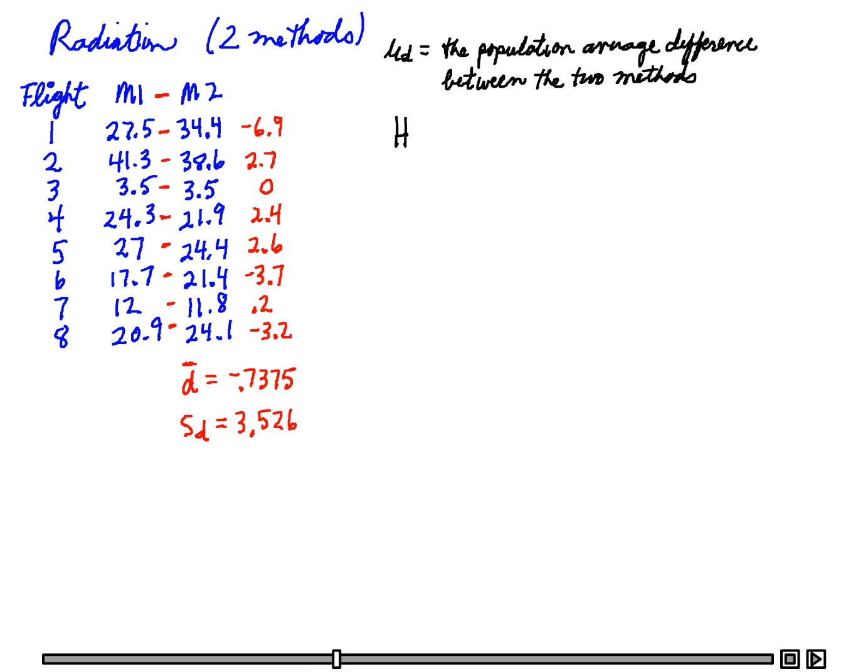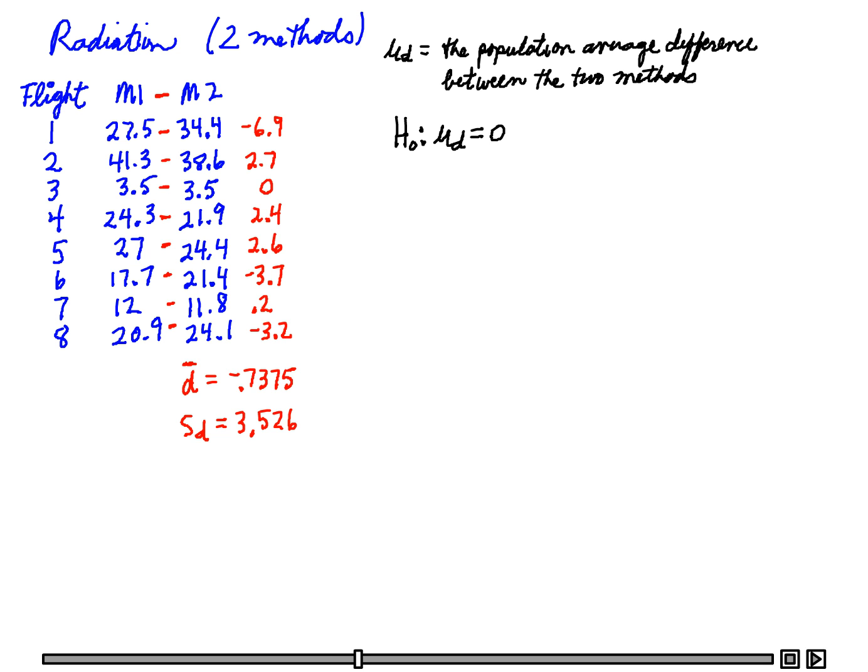And the test, the problem says to test the hypothesis that there is no significant difference in mean radiation measurement for the two measures. So we are going to assume that there is no significant difference. In other words, the average is 0.